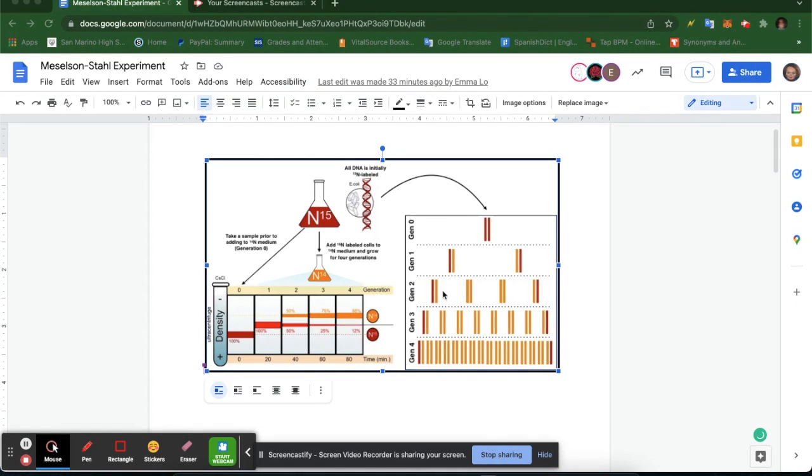However, because there's an increase of N14 DNA strands, the ratio of the N15 is decreasing while the N14 DNA strand is increasing.